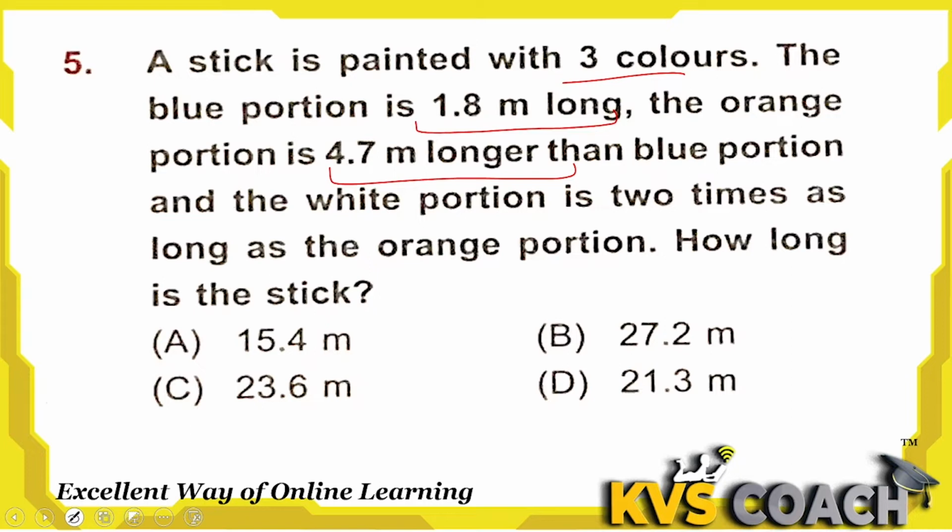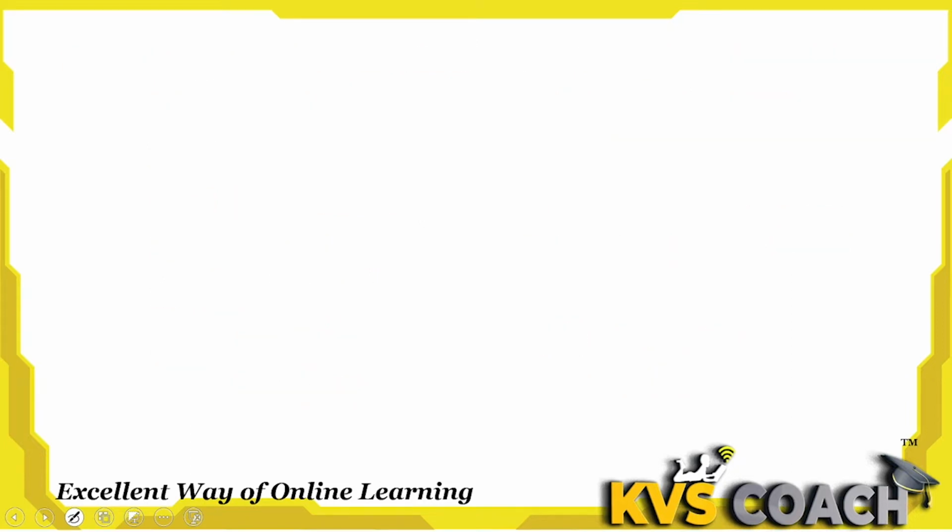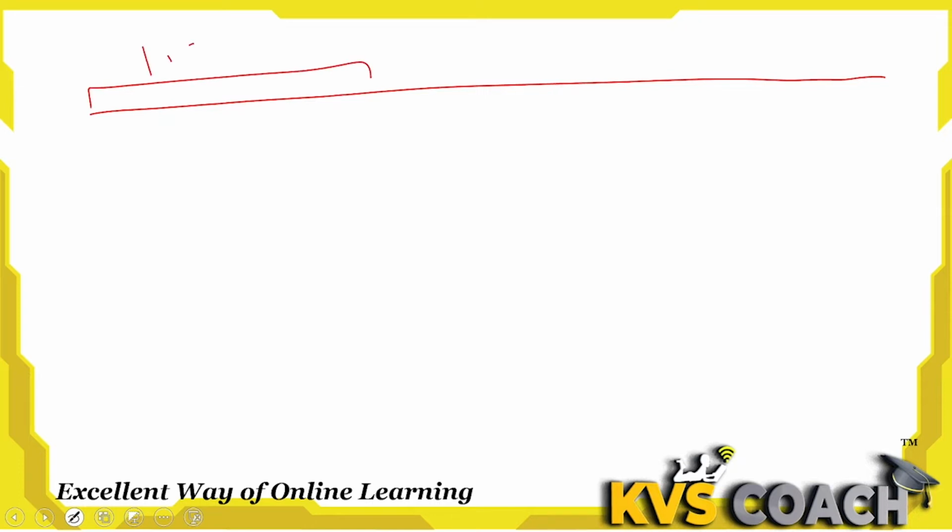Let me show you here. Here is a stick. Now they are saying that the length of the blue portion is 1.8 meter, and the length of the orange portion is 4.7 more than 1.8.